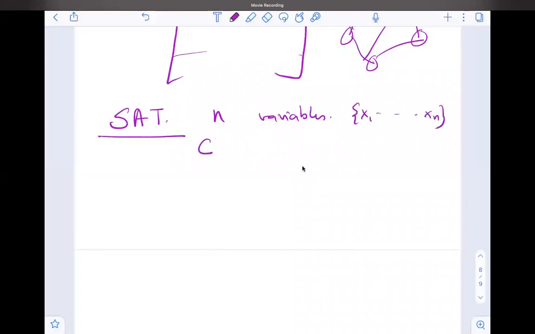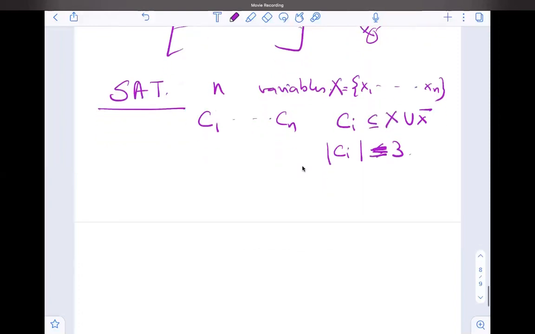And I have clauses C1 to Cm. Now each clause is what? Each clause is nothing but a subset of x union x complement, such that Ci has size exactly 3. And that is all that you do.